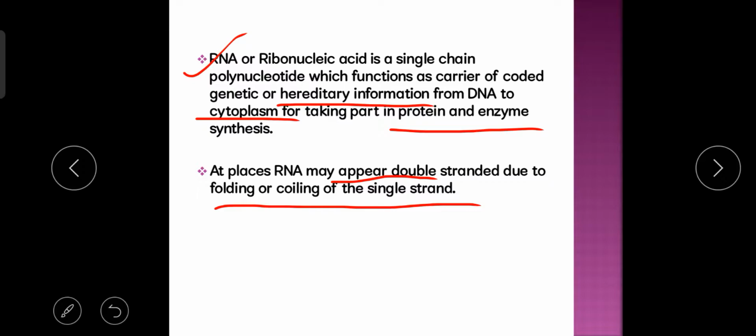Ribonucleic acids are usually single stranded and they carry the genetic information from DNA to the cytoplasm for the production of different types of proteins and enzymes. Okay, so now move to the next slide.